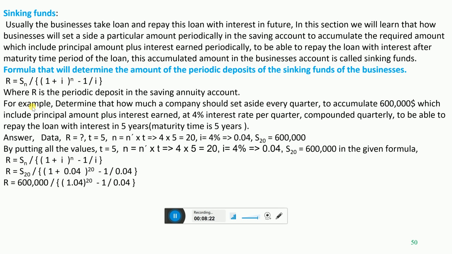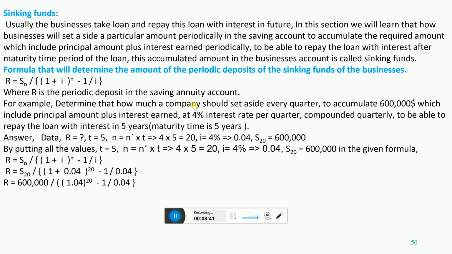Now I am putting one example. Dear students, try your level best to understand this sinking fund concept from this example. Determine how much a company should set aside every quarter.